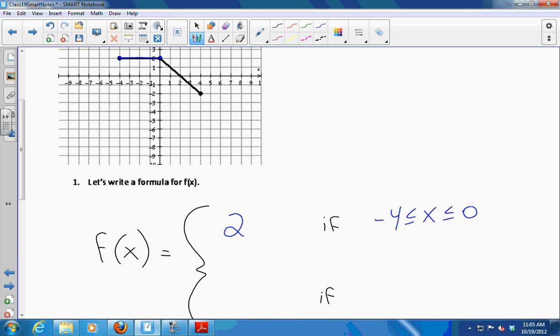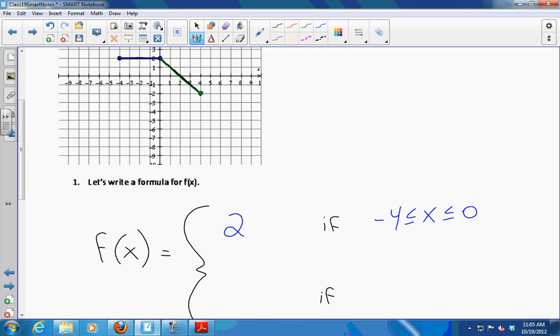All right, and then the second piece of my graph going from here to here, what's the equation of that line? 2 minus x. Yep, my y-intercept is 2, and my slope is -1.